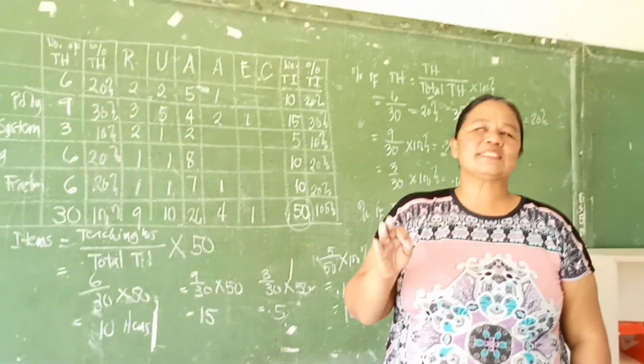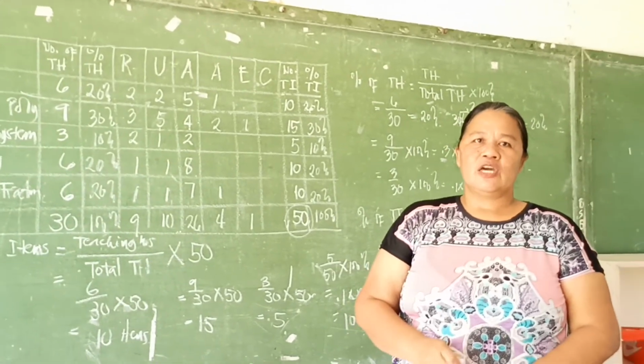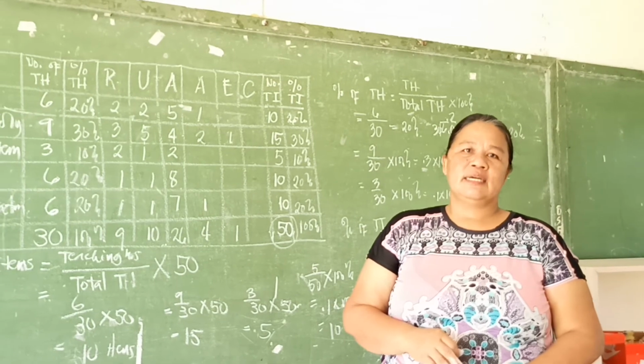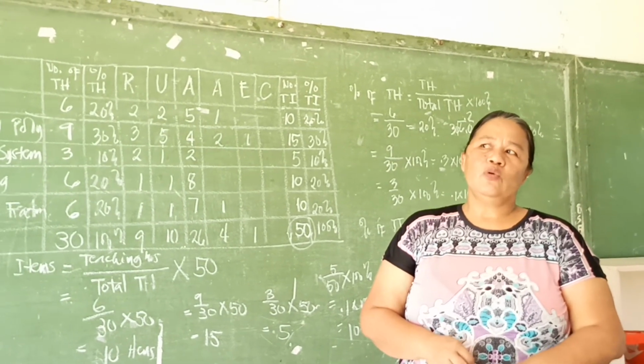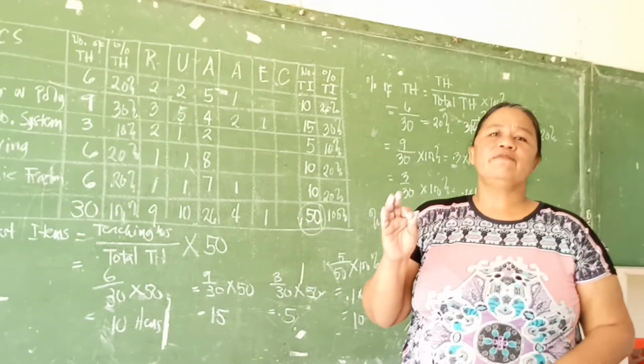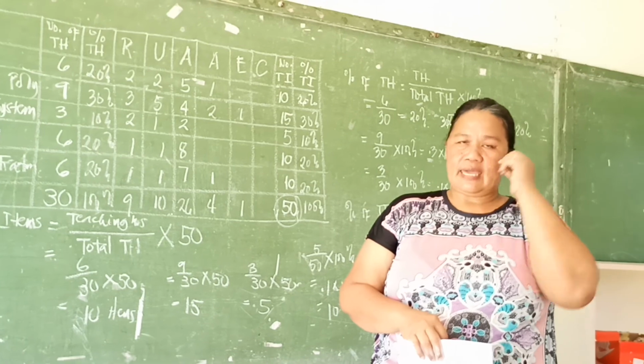This will be your last requirement for the midterm exam. So you simply use the uploaded modules. I know that you already know how to prepare those kinds of tests. So 5 items in each of the different kinds of tests.